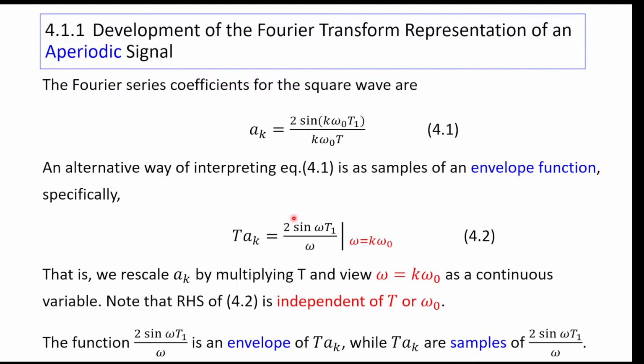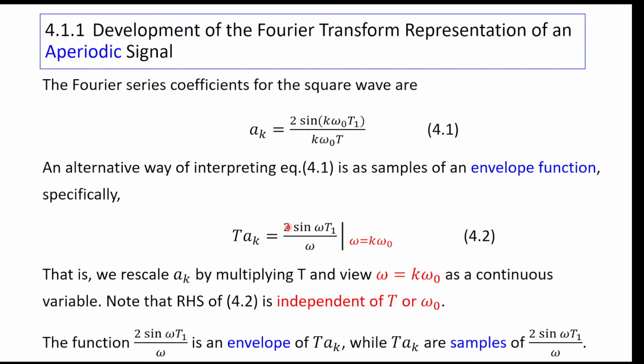What's nice is that when we put it in this form, you see this sine omega T1 over omega function has no dependence on T or omega naught. So when you change T or omega naught, this function doesn't change at all.